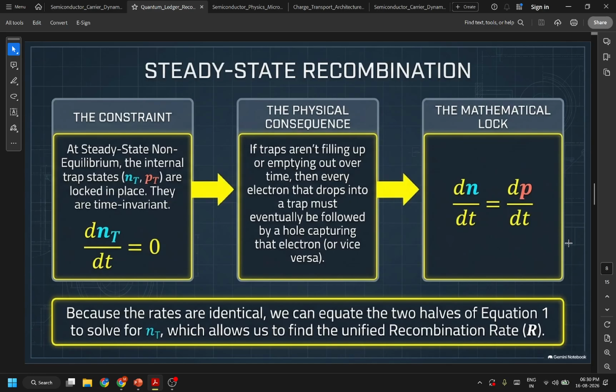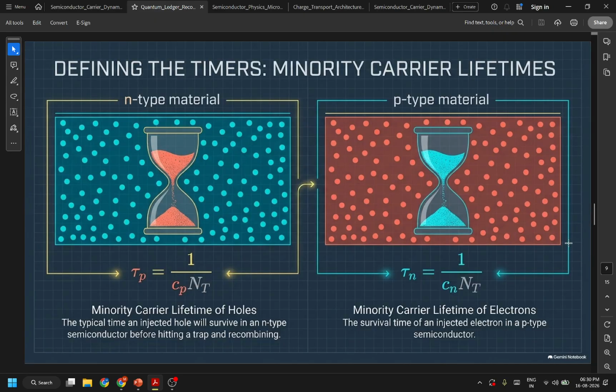So because the rates are identical, we can equate the two halves of equation 1 and solve for Nt, which allows us to find the unified recombination rate R. So if we calculate that, we can get the minority carrier lifetimes, which for n-type material will be tau p equals 1 by Cp Nt.